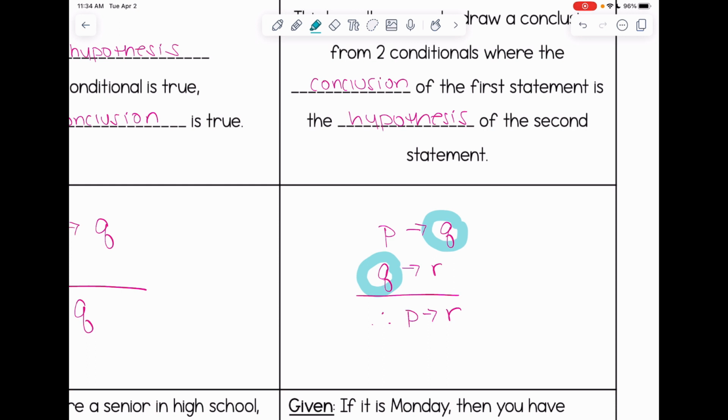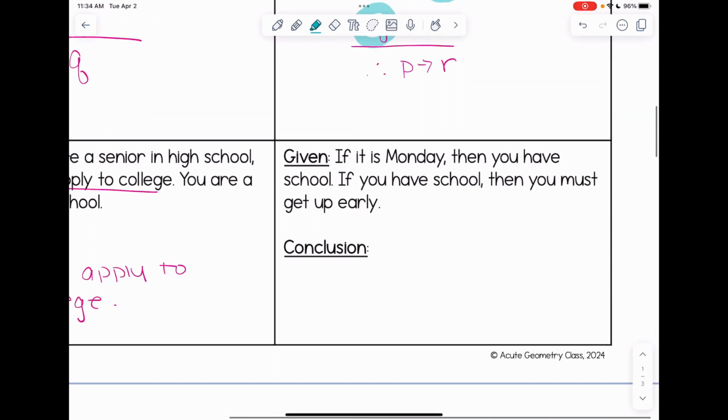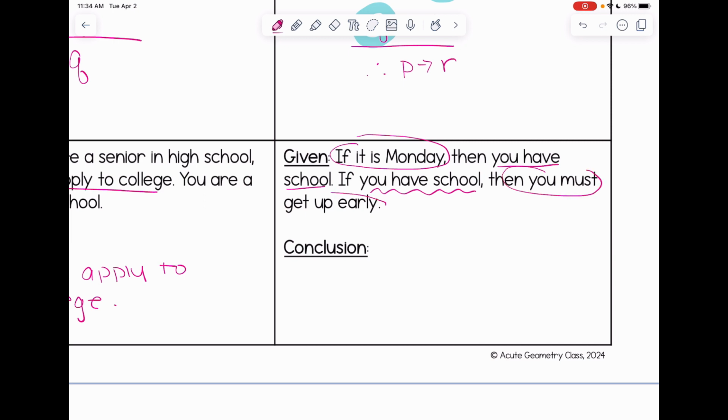All right, we'll look at this as an example too. So it says, if it is Monday, then you must have school. If you have school, then you must get up early. So notice that the conclusion of the first statement, you have school, is also the hypothesis of the second statement, you have school. This is how you would detect the use of the law of syllogism. So to write a conclusion, we're going to use the missing pieces that we did not already use.